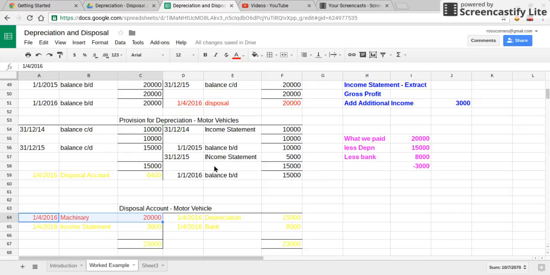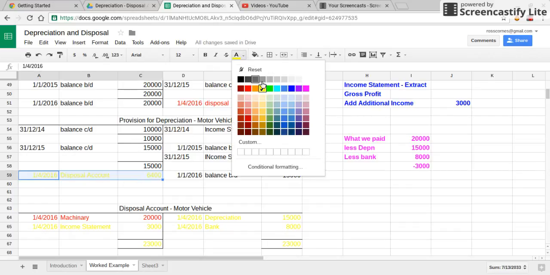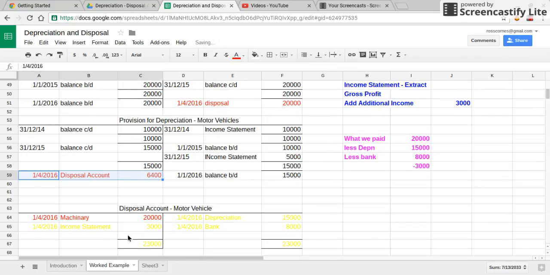Okay, the depreciation, we've got 15,000 depreciation at the start of the year. That all goes into the disposal account. So we're going to debit the depreciation account for 15,000. We're going to credit the disposal account for 15,000.